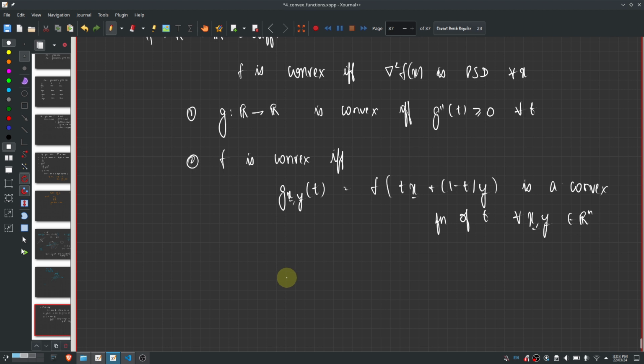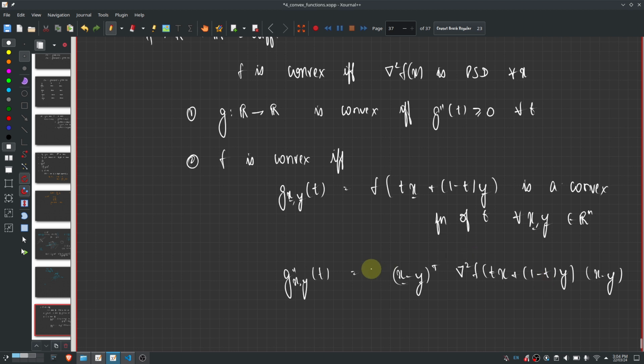Again, I leave it as an exercise, but the second derivative will simply be equal to (x - y) transpose the Hessian times (x - y). Okay, it's a simple exercise. You just use the chain rule, nothing else.